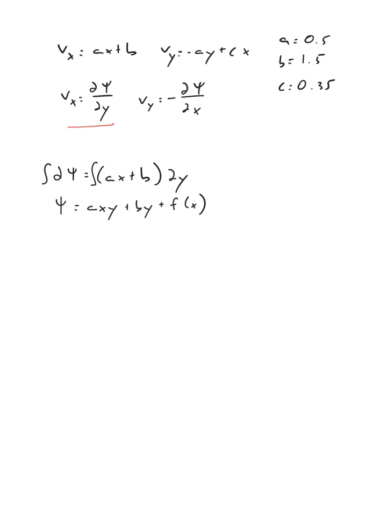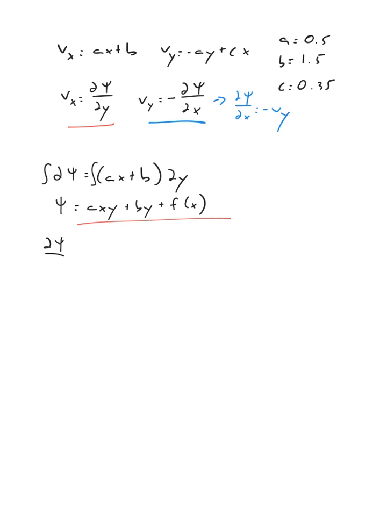All right. So the next step is to look at the other thing we know, which is that vy is equal to negative d psi dx, which is the same as saying that d psi dx is equal to negative vy. Okay, so I'm going to take our function right here, and I'm going to take the derivative with respect to x this time.